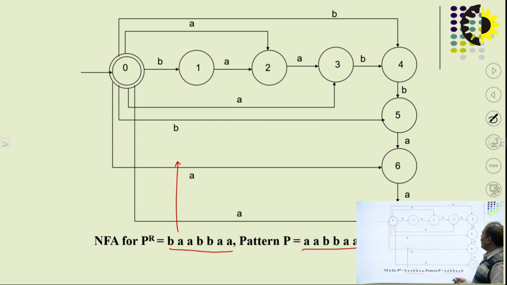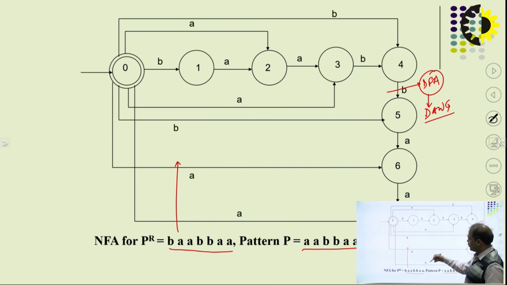After getting this finite automata for the reverse pattern, you have to convert it into a deterministic finite automata, and that deterministic finite automata is termed the directed acyclic word graph. Is it clear? Let me again summarize. Given a pattern, we reverse it.